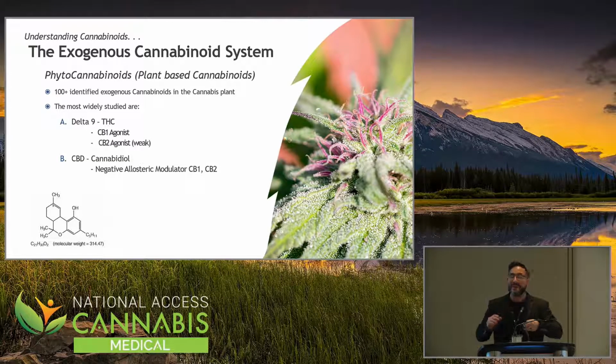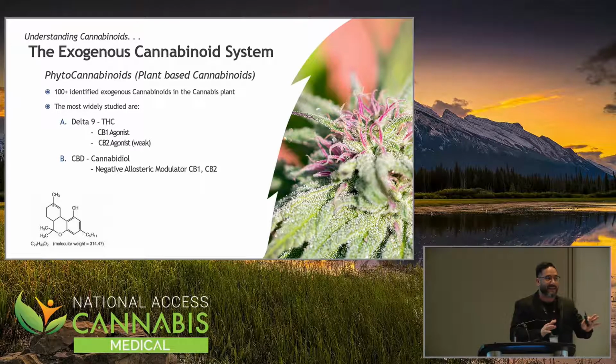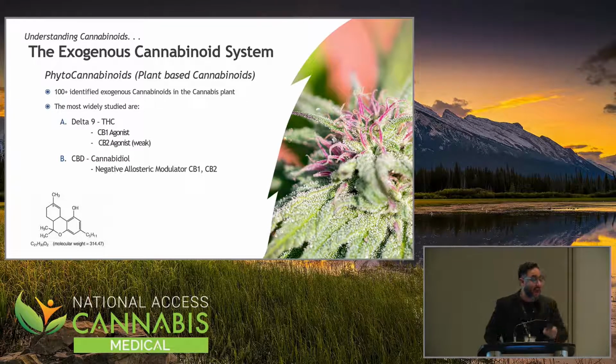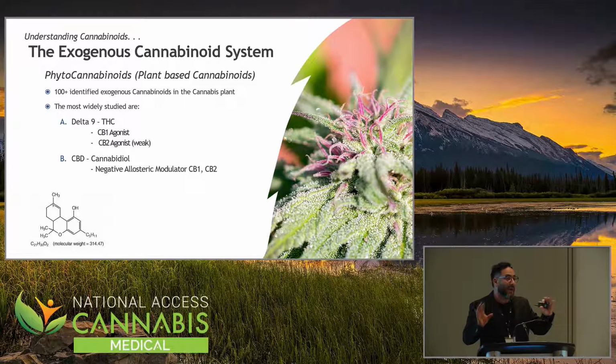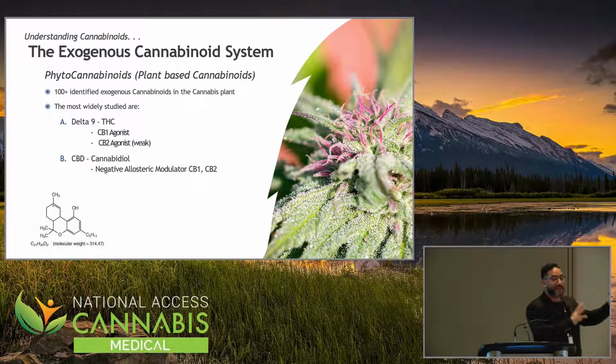Well, it does, but it modulates the CB1 receptor only as an antagonist, and it actually modulates the CB2 receptor more than it does the CB1 receptor. Now, is it the CB2 receptor modulation or the inverse agonism of the CB2 receptor that causes its effects? Maybe yes, maybe no. It acts in ways that aren't even on the CB receptors at all, and we're still learning about those things today.